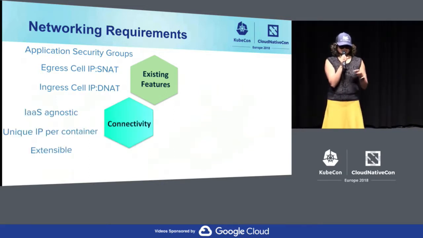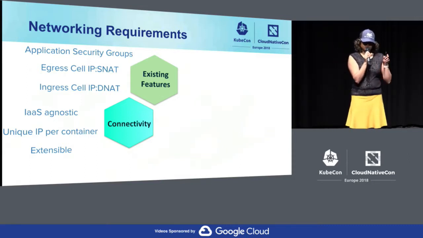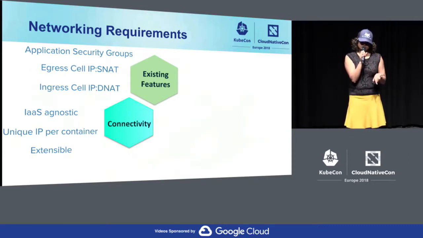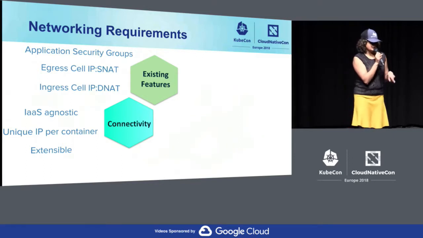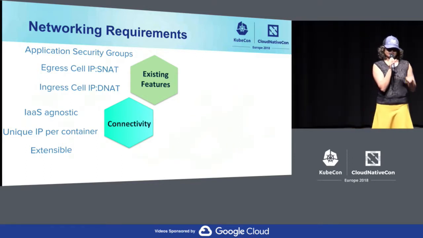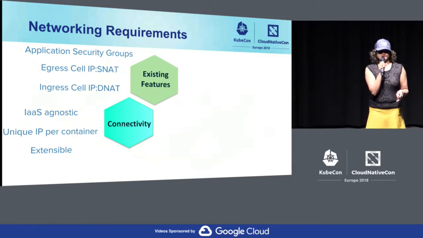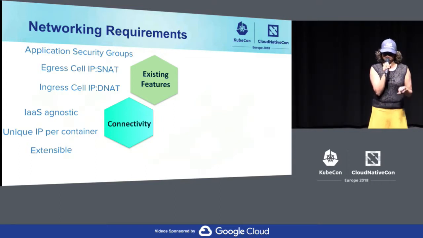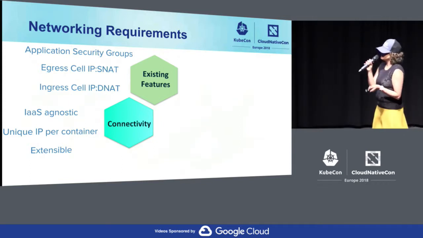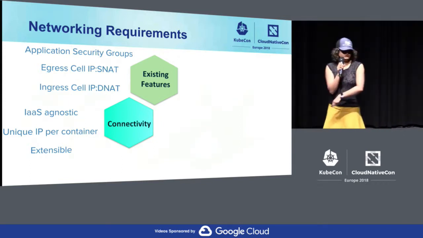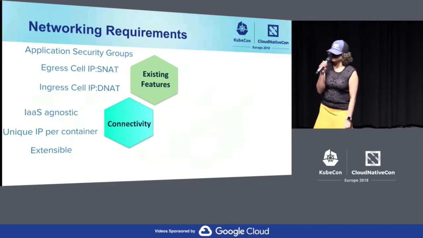The second part is connectivity. As I mentioned before, we wanted to provide every container with its own IP address, and we also wanted to be IaaS agnostic, because the way Cloud Foundry works is that you can deploy it on any cloud. So we really wanted this container addressing to work across any different cloud.